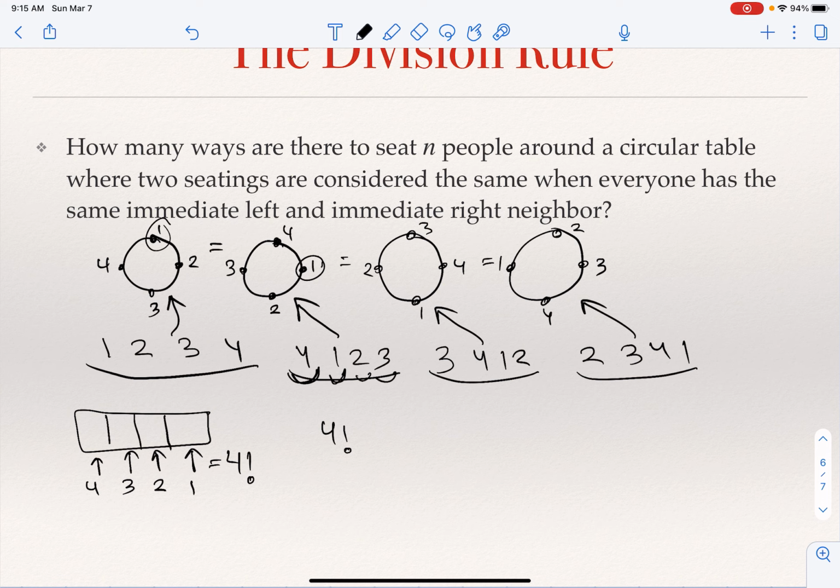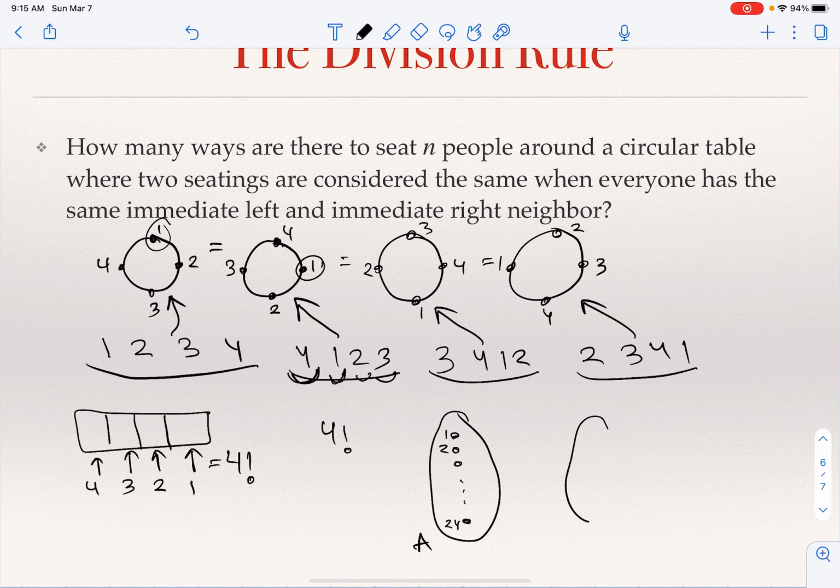But as I'm showing in this illustration, every 4 of them account for exactly the same seating around the circular table. And this is where the division rule comes in: my set A here has 4 factorial, which is 24 possible linear arrangements of these 4 individuals.